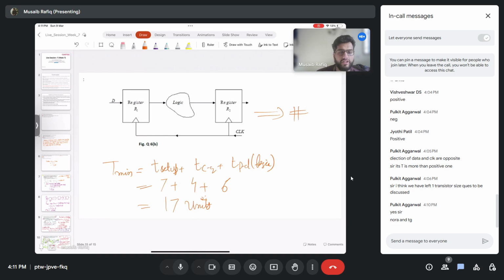No, that was pass transistor logic. Sorry, sir, that was pass transistor logic. I think I haven't discussed any problem on transmission gates, right? So that's something we can touch upon. We can have one problem on transmission gates. I will discuss the previous problem that we have already discussed, this time as well. Sizing, I'll see whether I'll have a new problem or the previous problem. And transmission gate is something we haven't discussed, as far as I can remember.